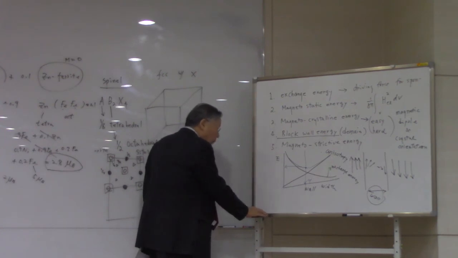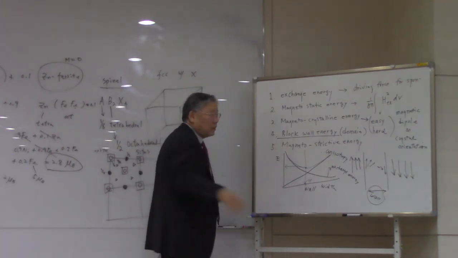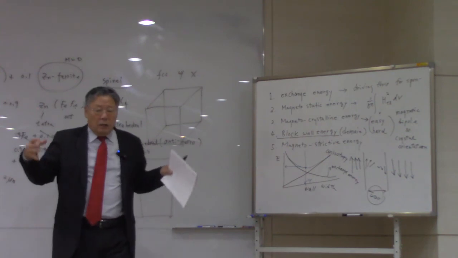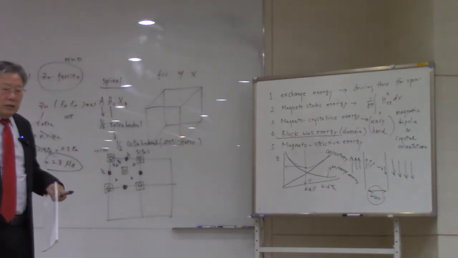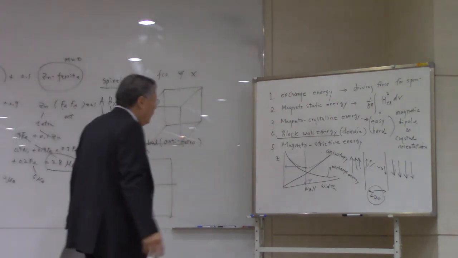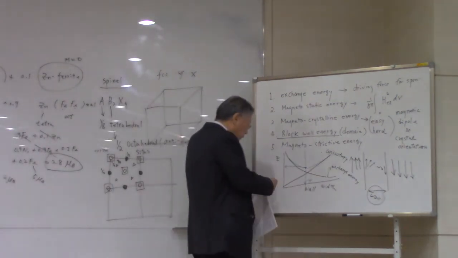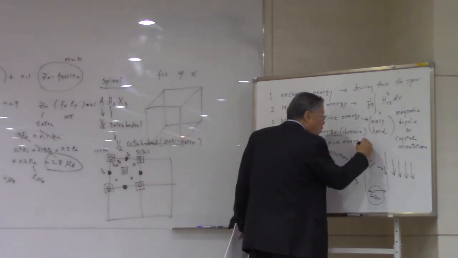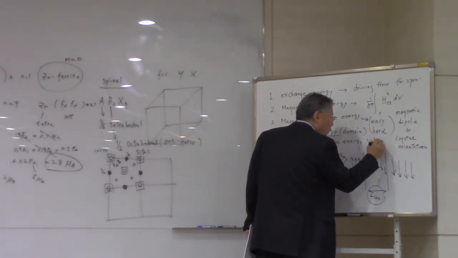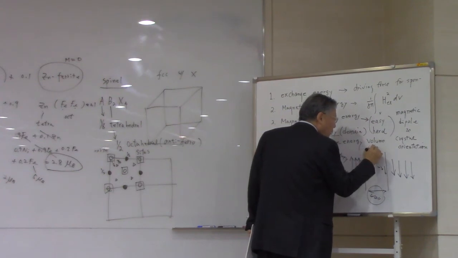So domain wall energy is a compromise between the crystalline anisotropy energy and the exchange energy. Magnetostrictive energy is a physical volume change with magnetization.